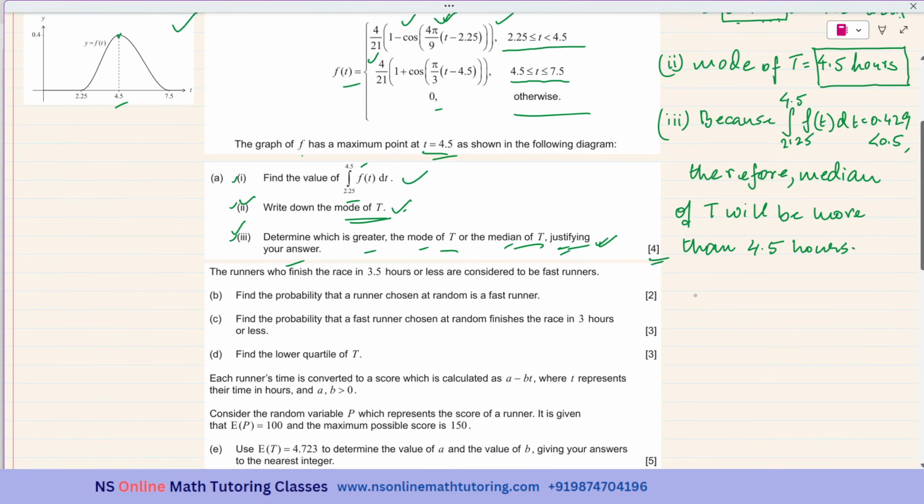So therefore, the median of t will be greater than the mode of t.